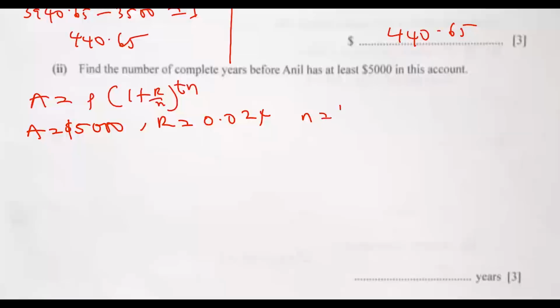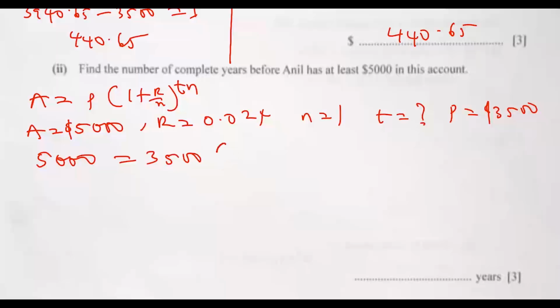Then N is equal to 1. Then T is what we want to find, and the principal remains $3,500. So if you key in these values into the formula here, we have 5,000 equal to 3,500 into 1 plus 0.024 over 1 raised to t times 1.